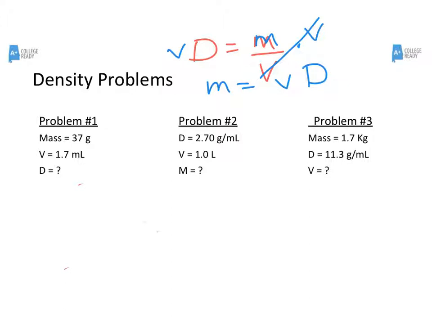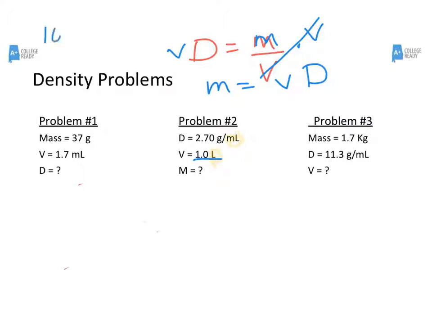But right away I also notice another problem. I notice that this is liters while this is milliliters, and that's not going to work. I've got to get my units the same. So what I'm going to do is change these liters to milliliters.